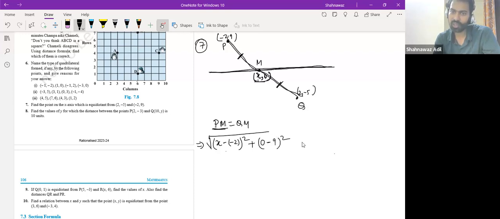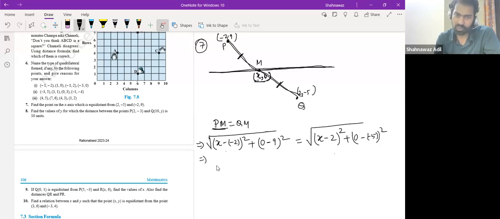So this is PM, and what is QM, Salah? QM is under root of x minus 2 whole square, plus 0 minus minus 5.